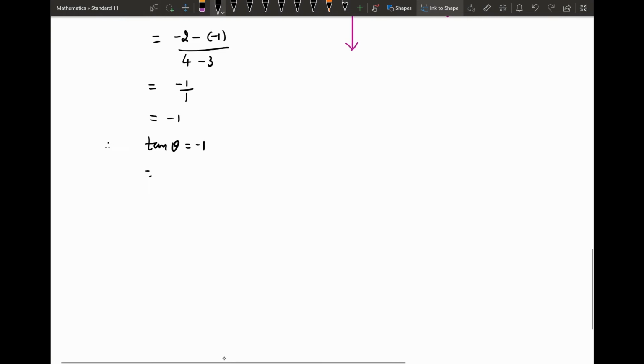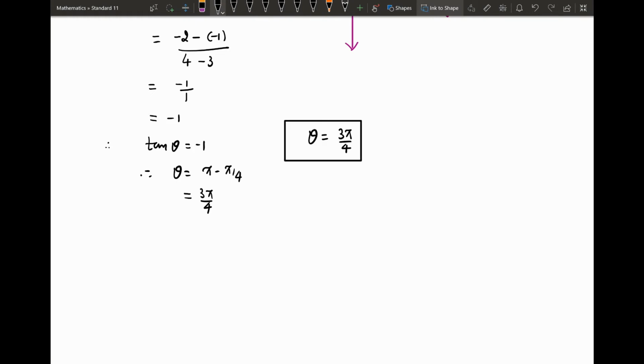So theta equals pi minus pi by 4, so this will be 3 pi by 4. Since tan theta is negative, according to the All STC rule, in the second quadrant tan is negative, so the angle with the positive direction of the x-axis is obtuse.